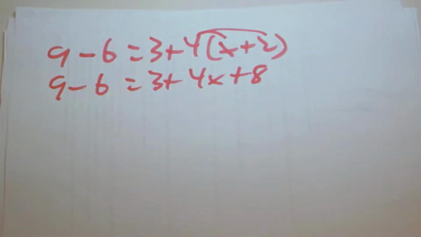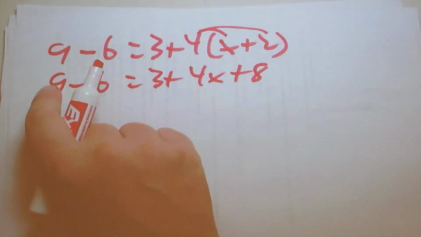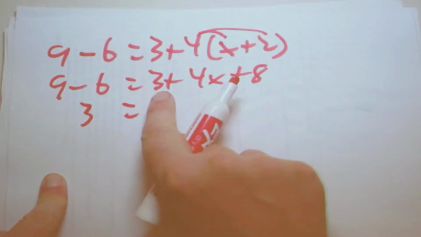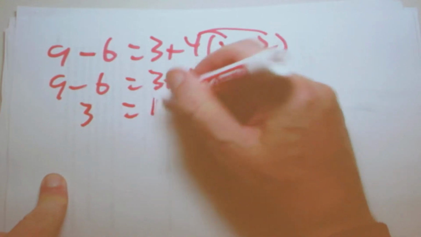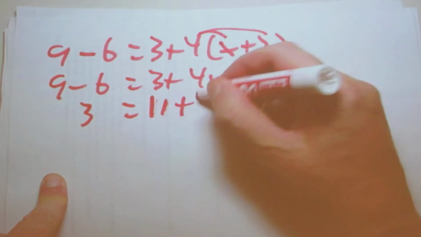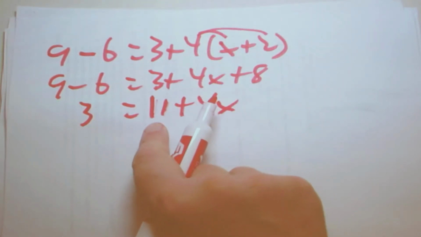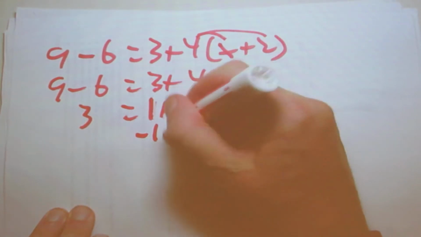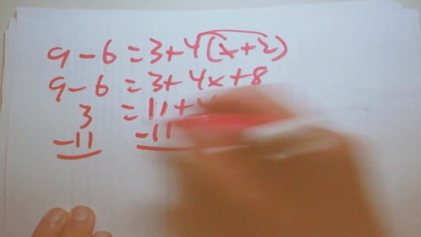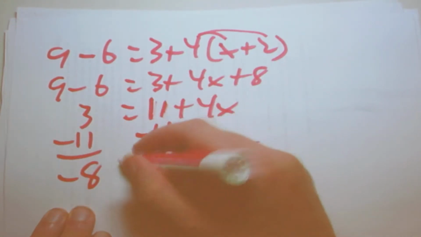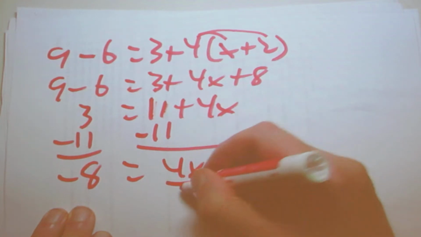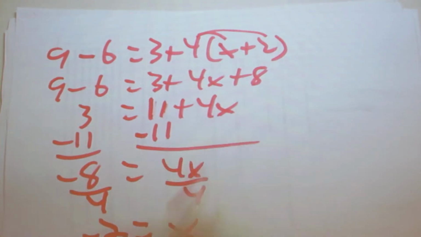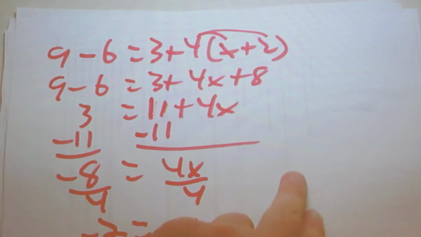Now we need to combine like terms on both sides. 9 minus 6 is 3 equals 3 plus 8 is 11 plus 4x. Now we'll subtract the 11 from both sides. 3 minus 11 is negative 8 equals 4x. Divide both sides by 4, and x equals negative 2.